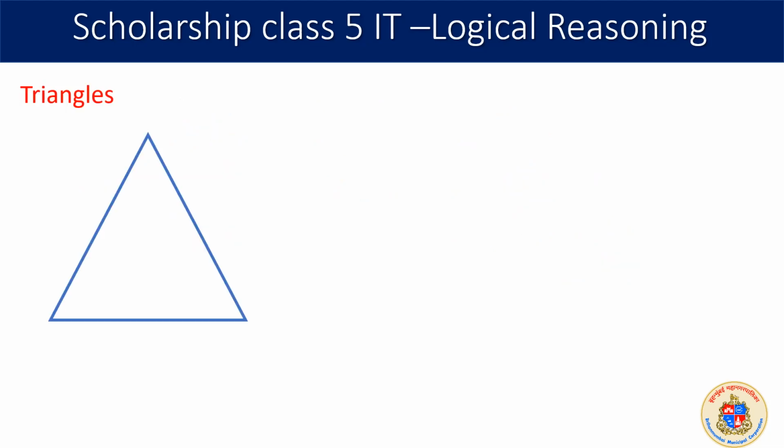Let me go ahead. Let us think about triangles now. This is a triangle. We can divide the triangle into a number of triangles by drawing lines from the vertex like this. I have made 1, 2, 3, 4 small triangles within a big triangle.